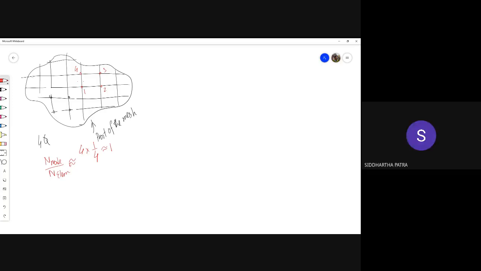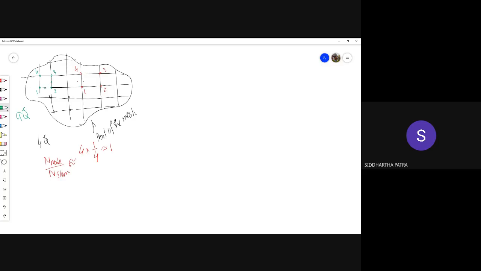Now see, I shouldn't be showing 4-noded and 9-noded elements in the same mesh, but I'm doing that. Let's say I have a 9-noded quad element. There would be 1 2 3 4 nodes which are shared among 4 elements.